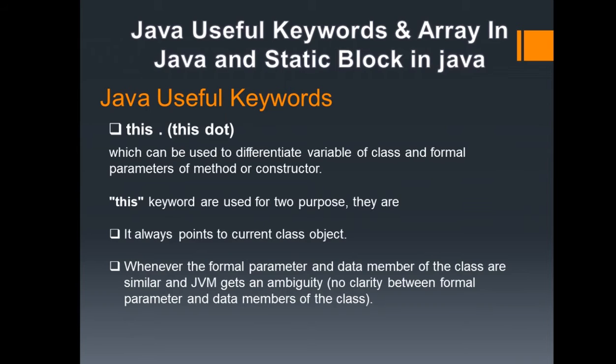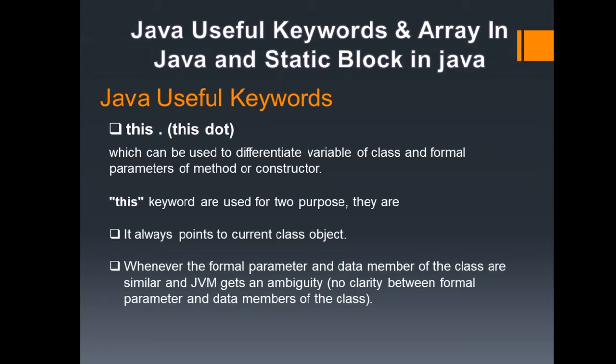Now let's discuss this dot, which can be used to differentiate the variable of a class and the formal parameters of a method or constructor. This keyword is used for two purposes. It always points to the current class object.